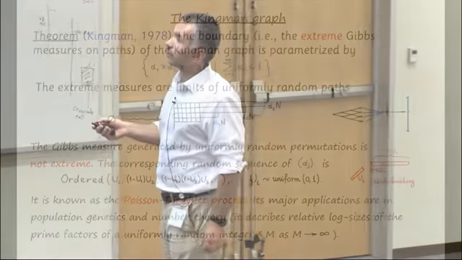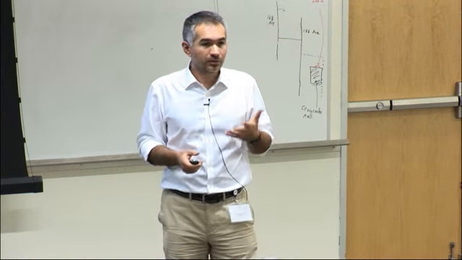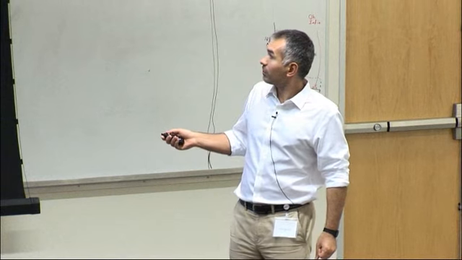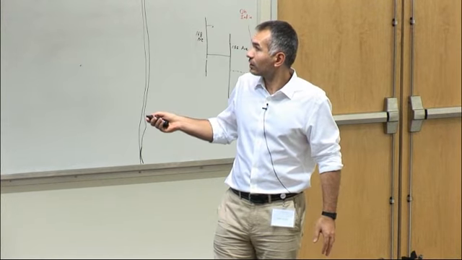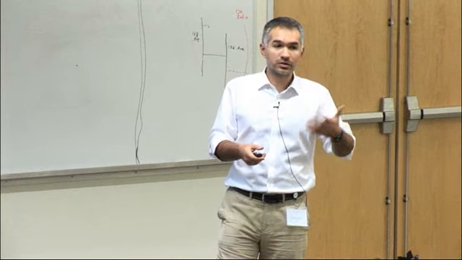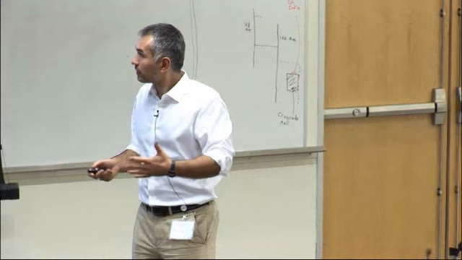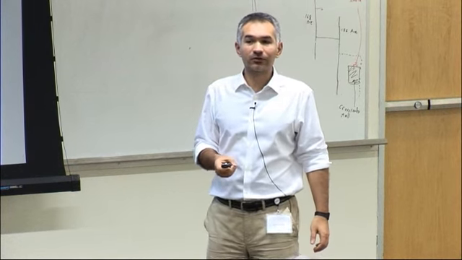So here is a classification of Gibbs measures on the Kingman graph. Again, the Gibbs measures are measures on paths such that if you fix a vertex, then whatever leads to that vertex is equally distributed. This is a fairly deep theorem proved by Sir John Kingman, who is considered the founding father of population genetics.